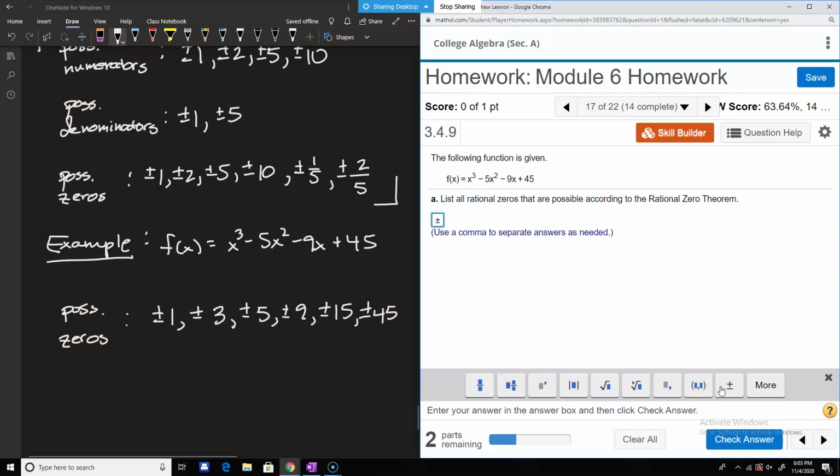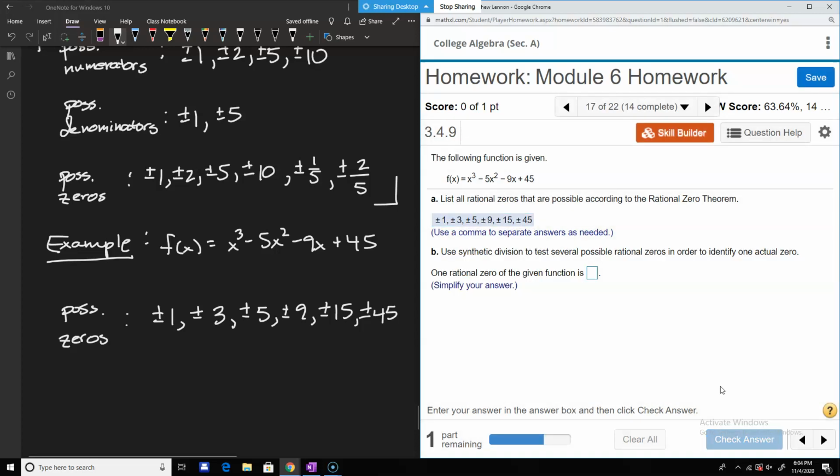You can use the plus and minus button though, so that kind of saves you a lot of work. And then it says use synthetic division, or you could plug in the numbers either way. From the remainder theorem, we've seen that those are equivalent.